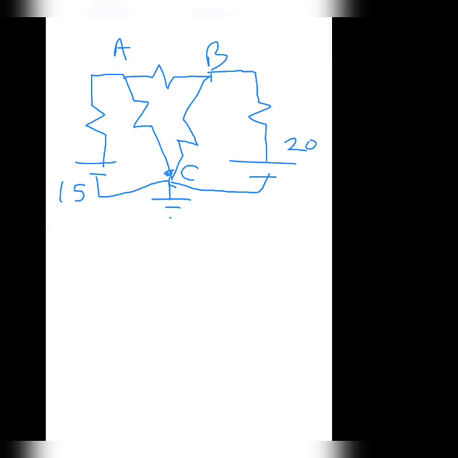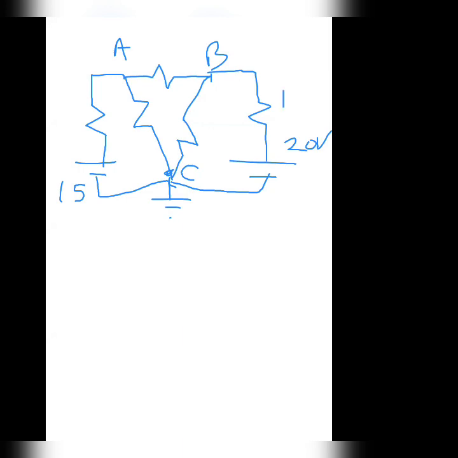If some unit is given, it is fine. If it is not given, it is assumed to be volts. Okay. Similarly, for resistances, if it is required to be kilo ohms, it will be given as kilo ohms. If it is not given, then it is assumed to be ohms only.